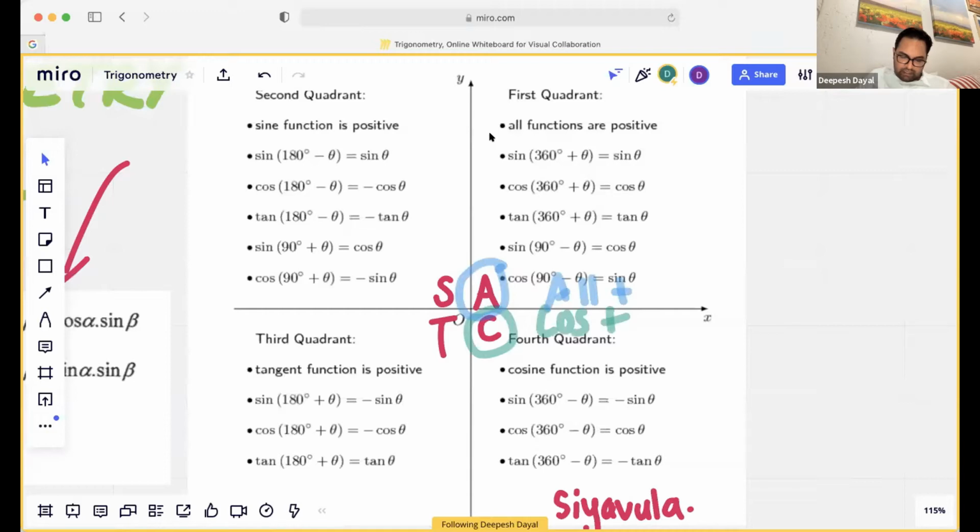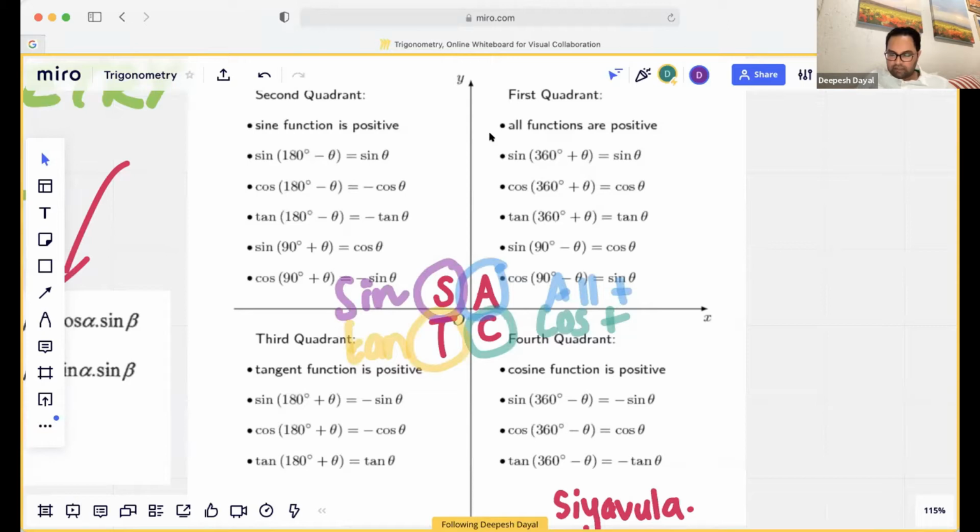In this quadrant here, sine is positive. And in this quadrant here, tan is positive. Okay, have you learned it like this? Yes, I have. Okay, great.